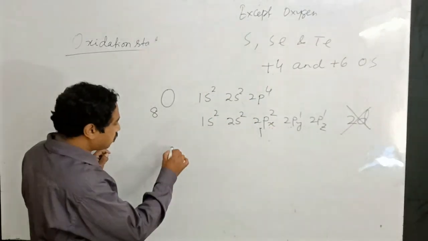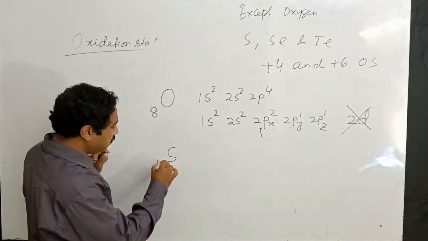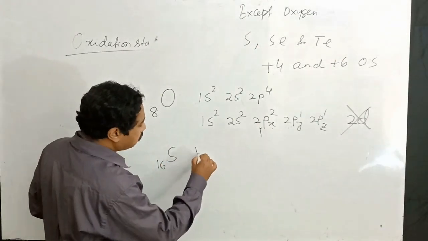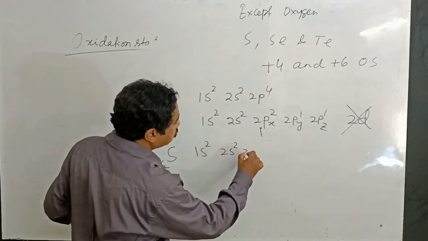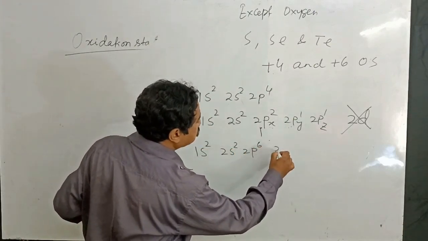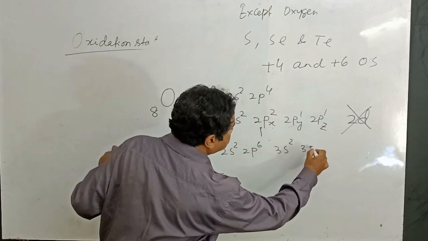But in the case of sulfur, its atomic number is 16. Its electronic configuration is 1s2, 2s2, 2p6, 3s2, 3p4.